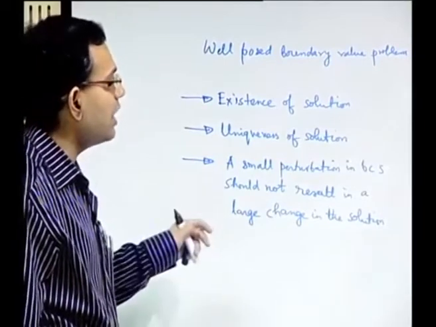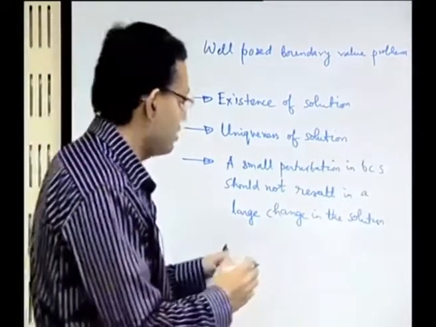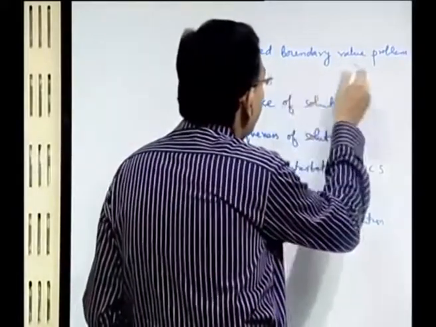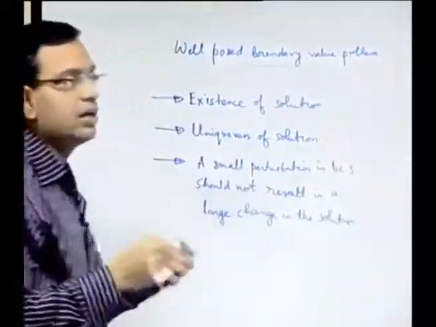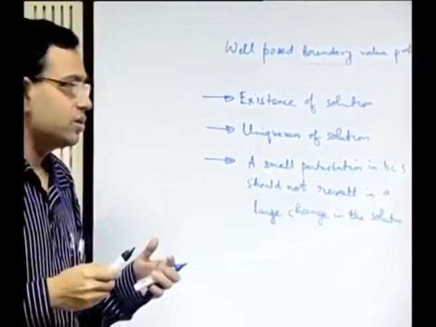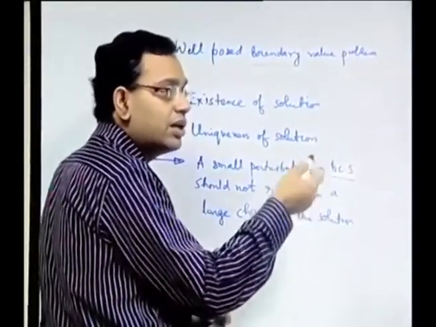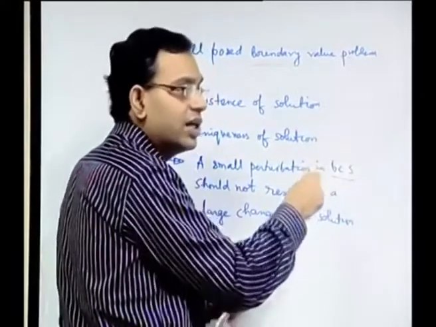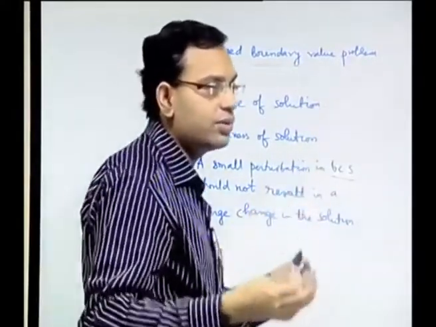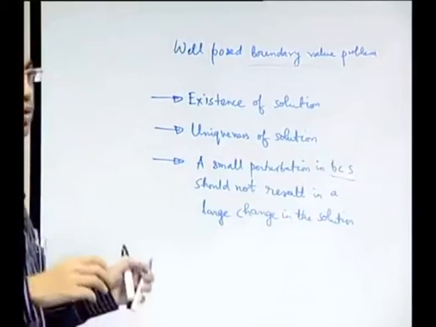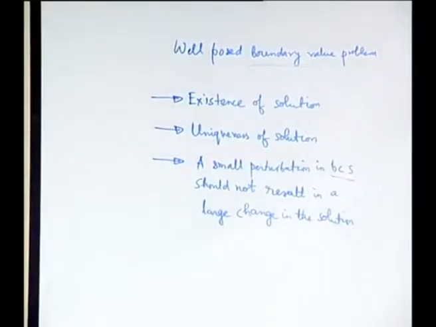The other important characteristic, of course, if it is a boundary value problem, its boundary conditions are to be well posed. So then the question comes that small perturbation in the boundary conditions. First the boundary conditions have to be posed, then of course you test for perturbations and so on. So what are the possible types of boundary conditions?